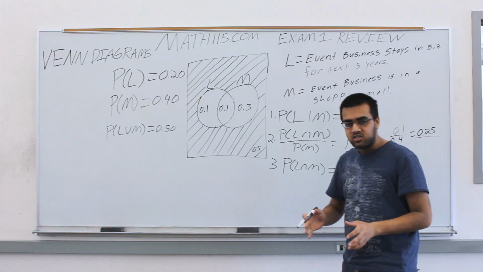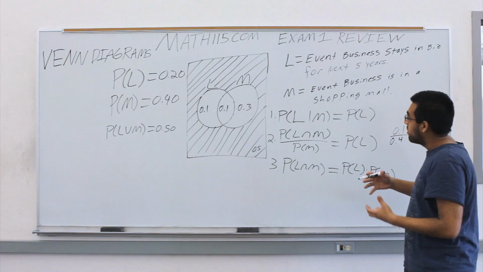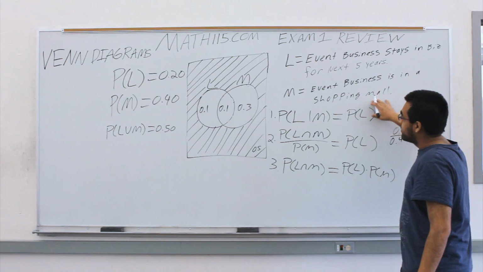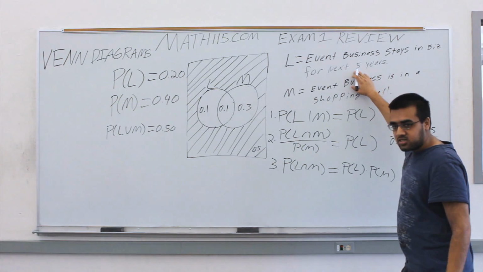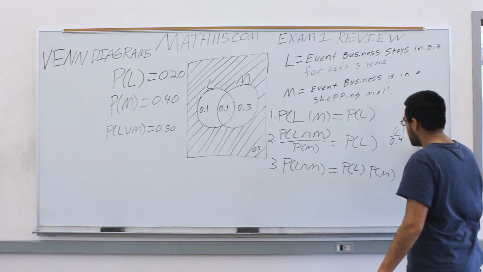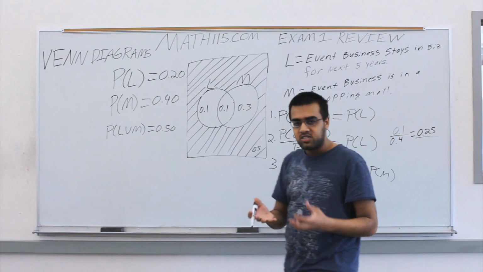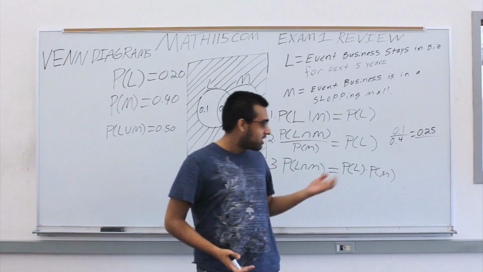So the final answer is, if you are in a shopping mall, the probability that you stay in business for the next 5 years is 25%. That is the difference between L and L given M, and that's how you can interpret it.